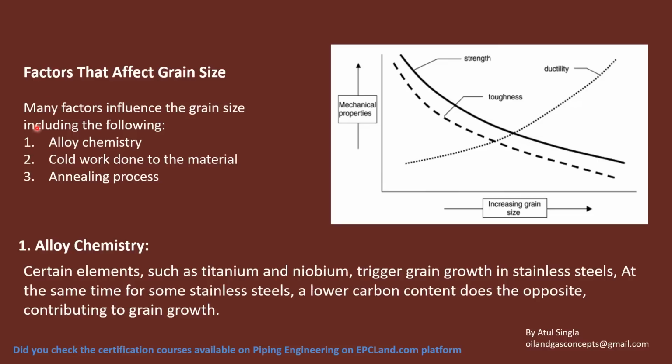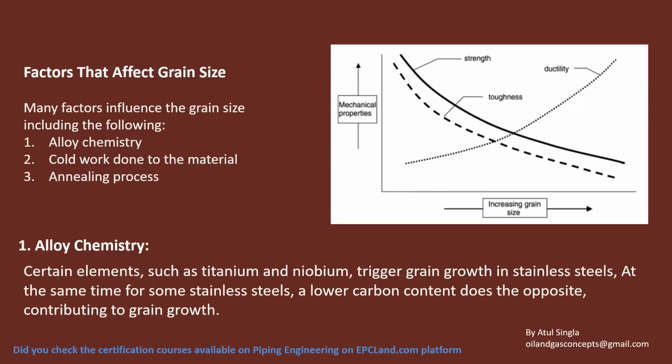Basically we can divide it into three parts to understand the impact of change in grain size on change in mechanical properties. The first is alloy chemistry, the second is cold work, and the third is the annealing process. We'll discuss all these three so that we can understand the impact on grain sizes.